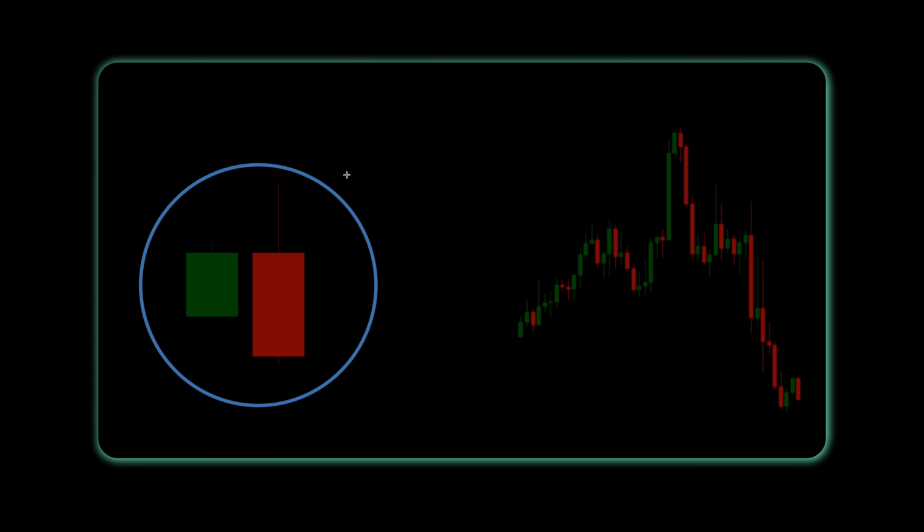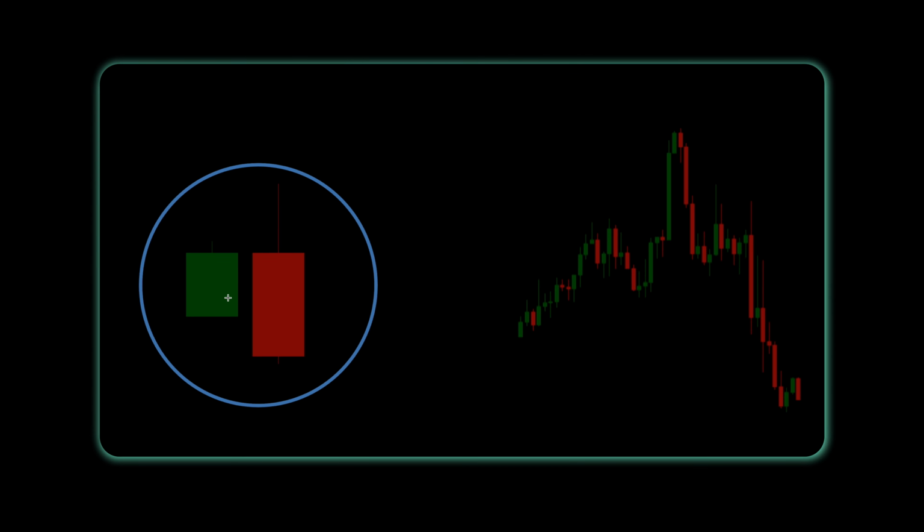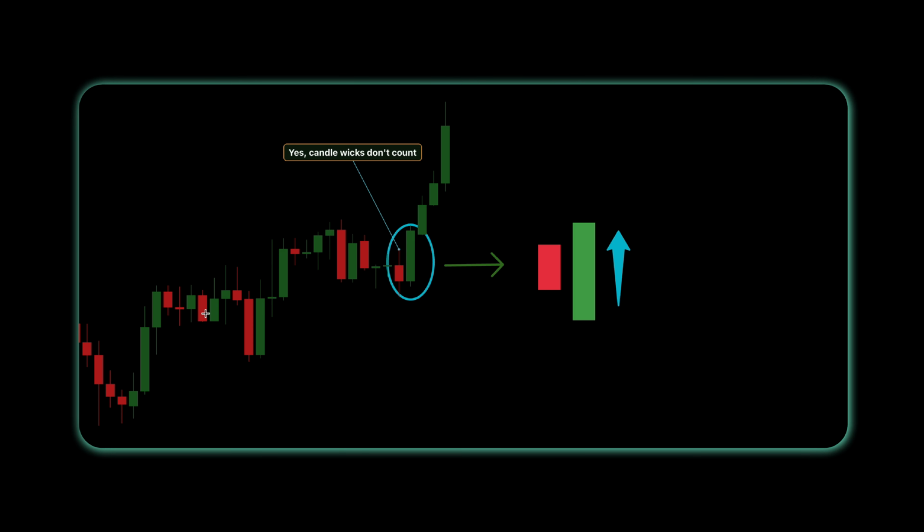Let's start by defining what this candle is. You probably know it, but let me simplify it for you in details. What you're looking at is a bullish engulfing candle example. As you can see here on the chart, we don't count the wicks of this candle. We're only counting the bodies of this candle, the shaded areas.